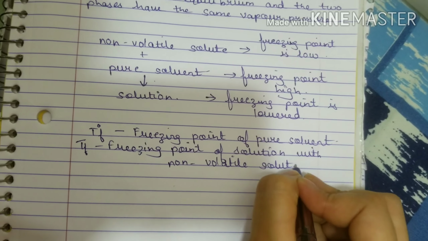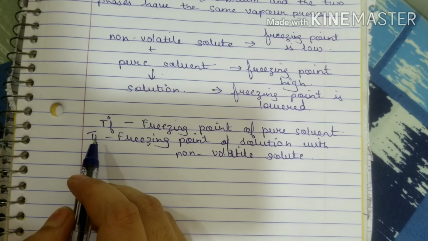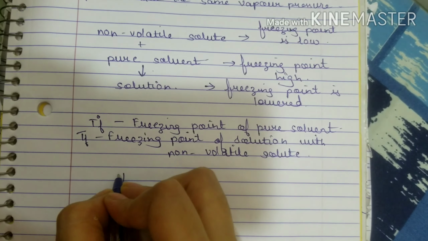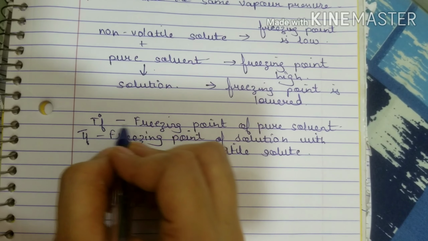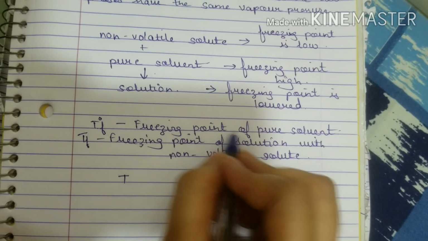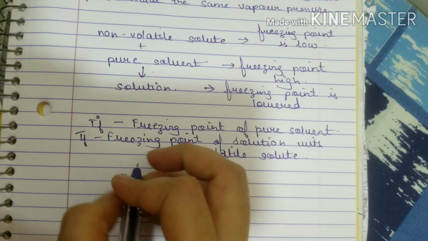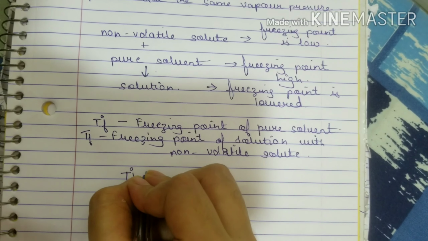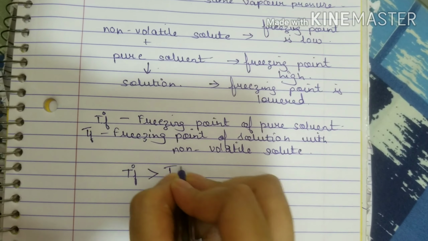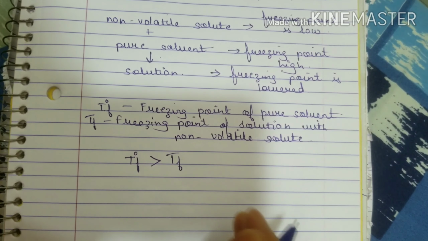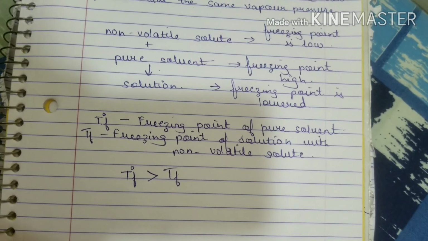So tell me which one is going to be greater. Of course, T0F is the freezing point of pure solvent, which is already high, so T0F is going to be greater than TF. Why is the freezing point of solution becoming low? Because you have added a non-volatile solute.